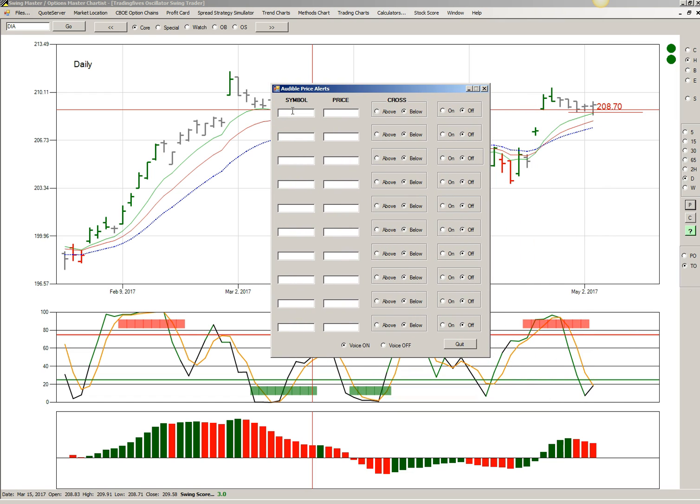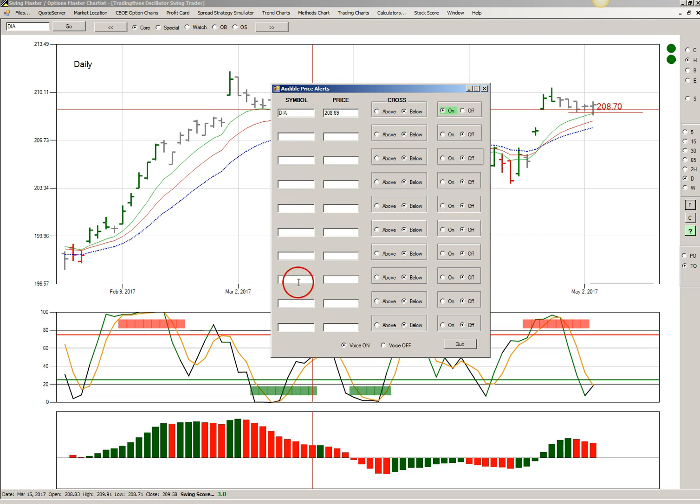For example, on DIA, we put in the symbol, our execution price would be 208.69, one tick below. Now we're looking for the last price to cross below 208.69, so we'd click below. You just click the on button, and if it does execute, there'll be an audible alert. You'll hear a voice telling you that there was a red alert on DIA, and the background of the price text box will turn red.